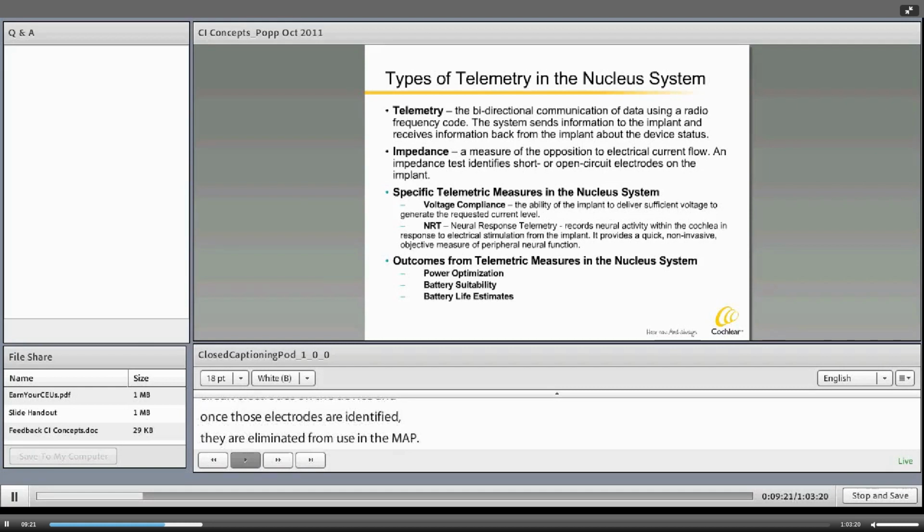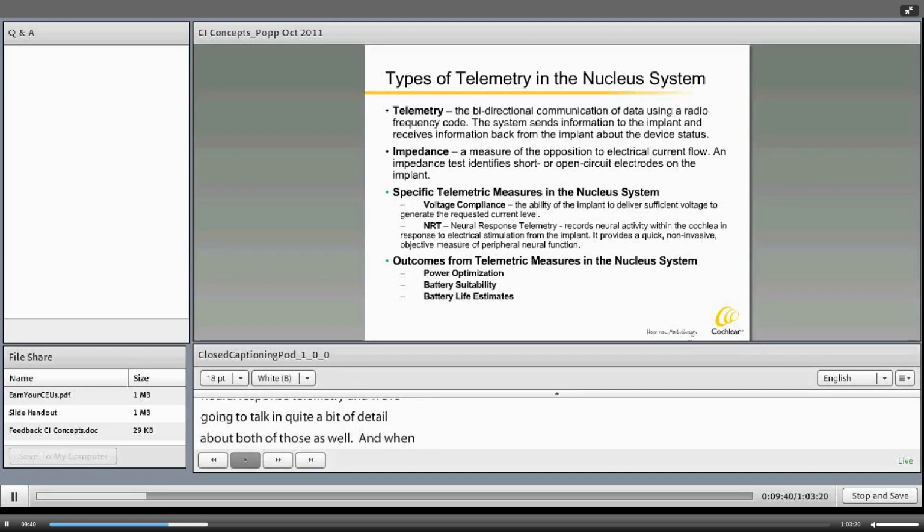We're also able to look at some additional telemetric measures, which are the voltage compliance and the NRT, or neural response telemetry. We're going to talk in quite a bit of detail about both of those as well.